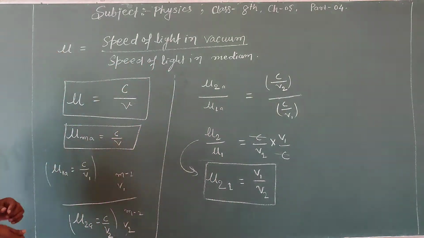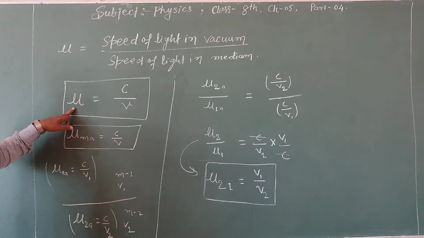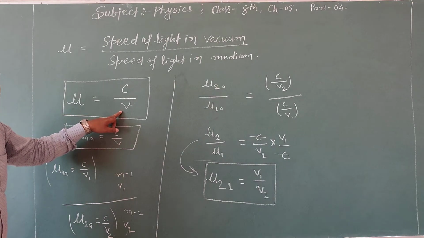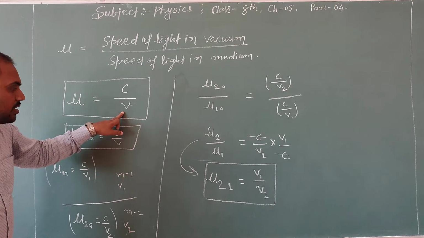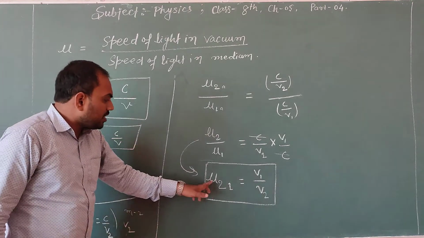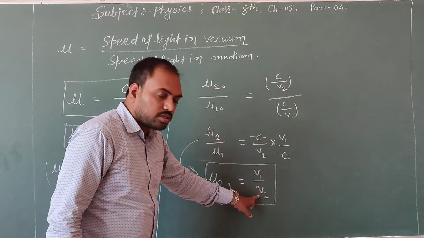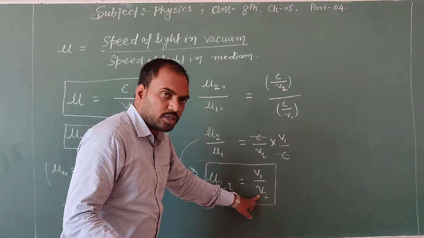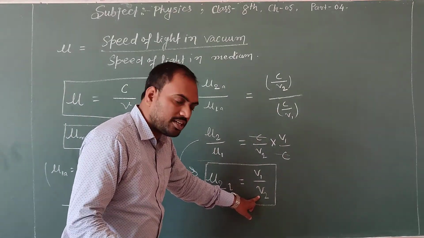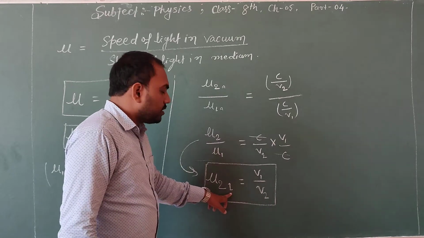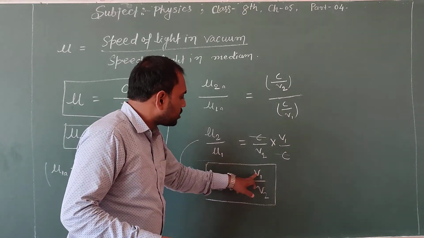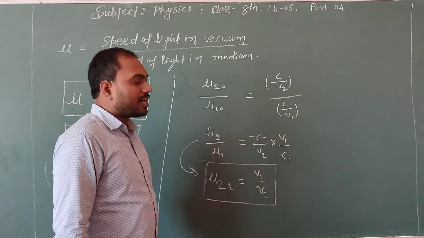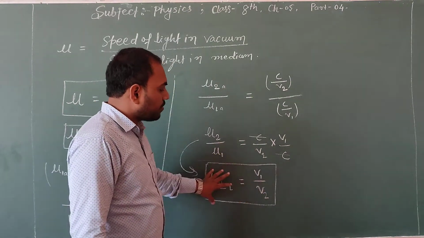As we know, refractive index is inversely proportional to the speed of light in the medium. That's why it becomes this formula.